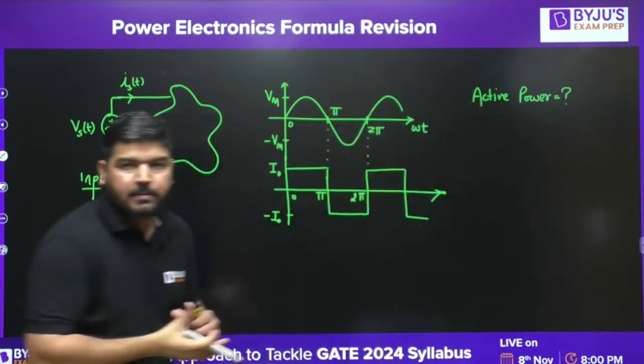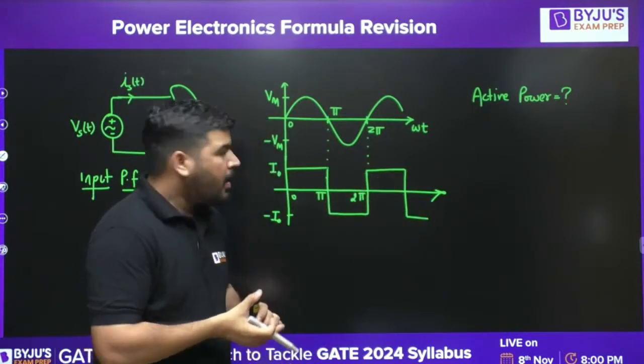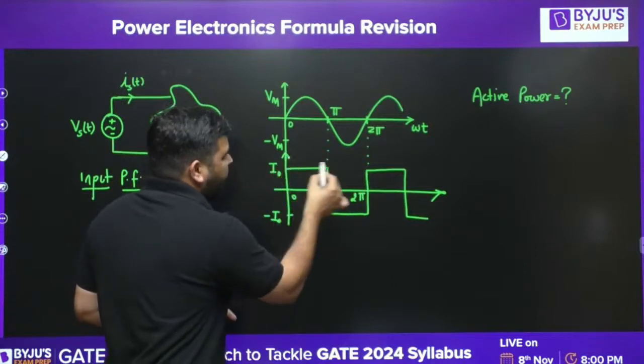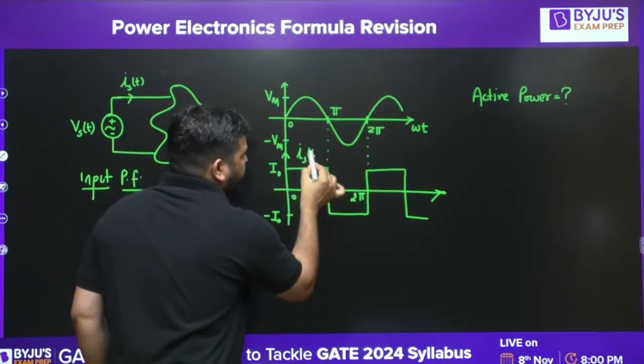It's very simple, guys. We know that this is a pure square wave. If the signal is a pure square wave, then we know the harmonic component. You have to remember the harmonic component of this signal, iS(t).